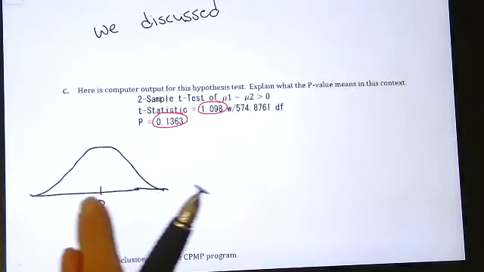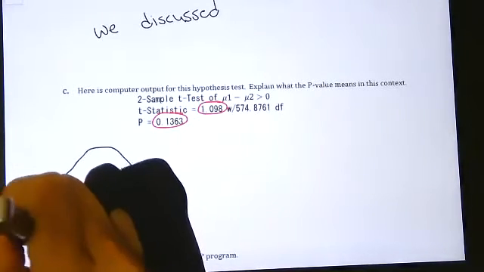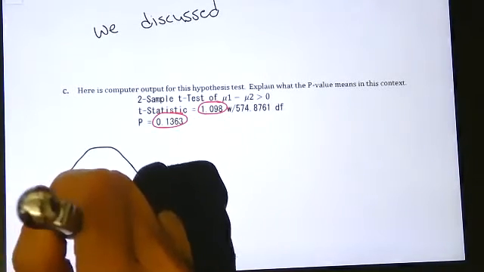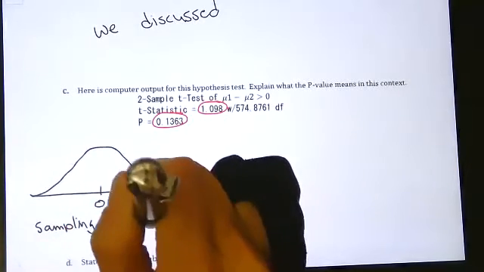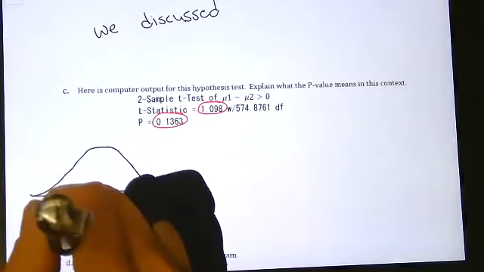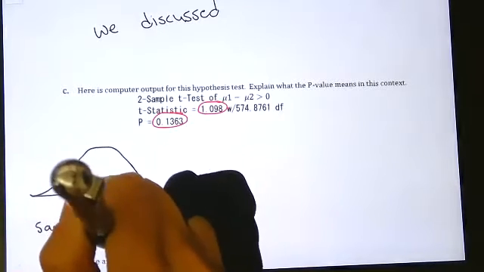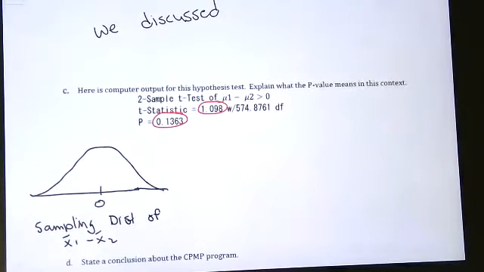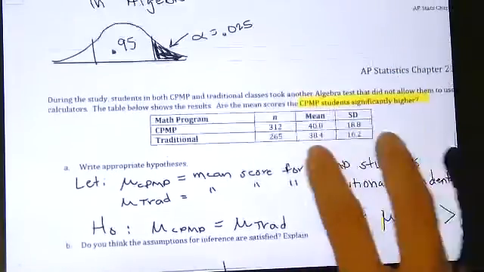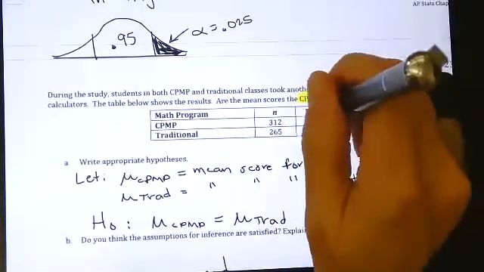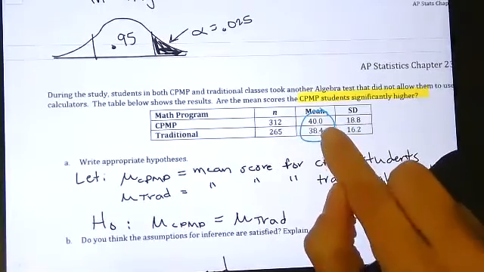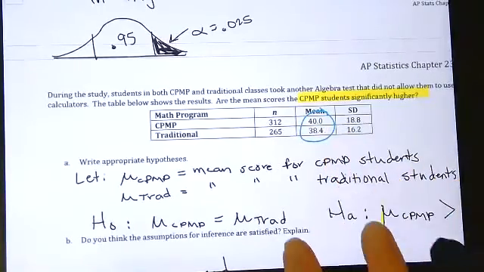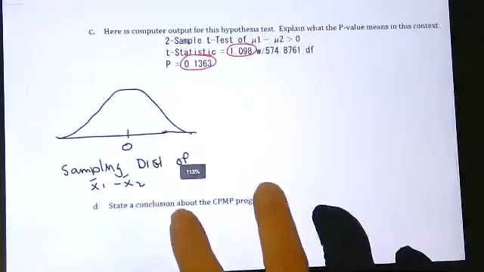So this graph is the sampling distribution. So this is the sampling distribution of X bar 1 minus X bar 2. X bar 1 is the CPMP students and X bar 2 is the traditional. Okay. If we take a look here, we had a difference of, what is that, 1.6? If I subtract those two, there's a difference of 1.6.